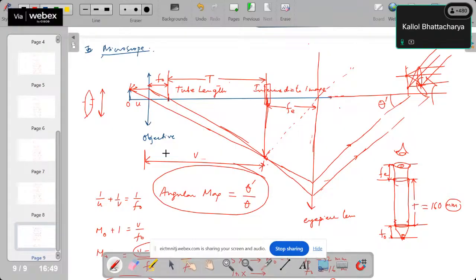And theta is the angle that it subtends when it is just put at 250 millimeters. Why 250 millimeters? Because closer than 250 millimeters we cannot see clearly. Beyond 250 millimeters it will be reduced in size. So the maximum magnification we can have is at 250 millimeters.